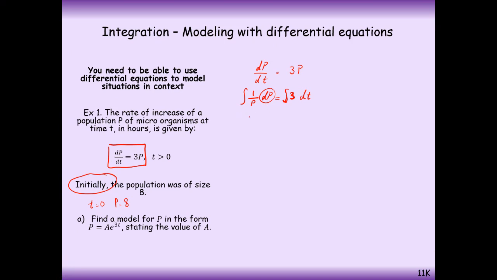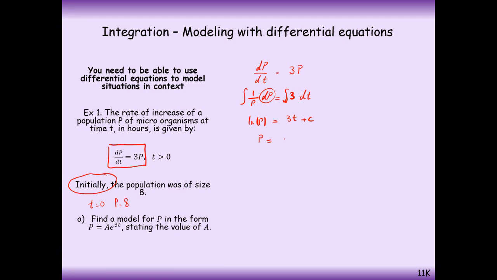Integral of 1 over p is logarithm of p. Integral of 3 with respect to t is 3t. We are going to have a constant here, c. What we will do is take the exponential function then.